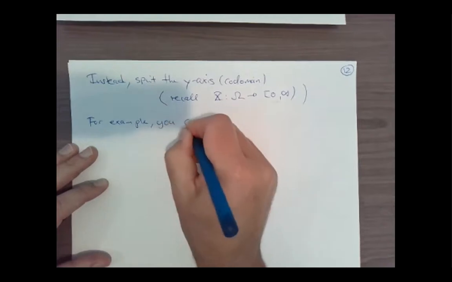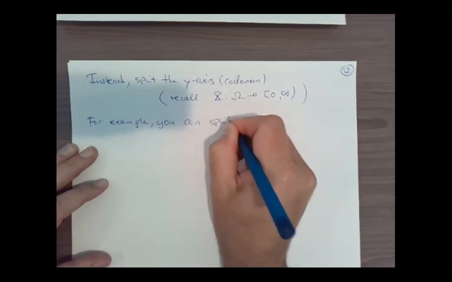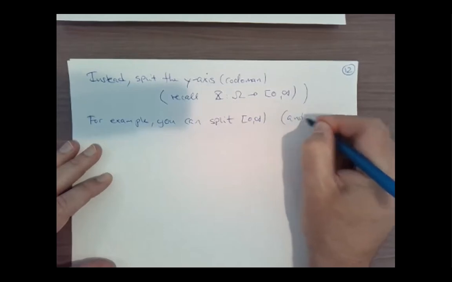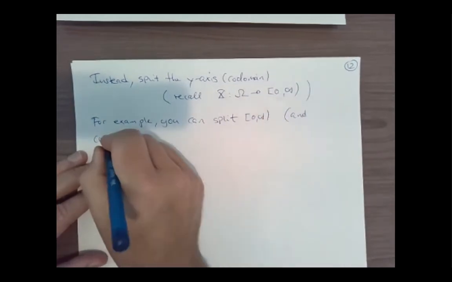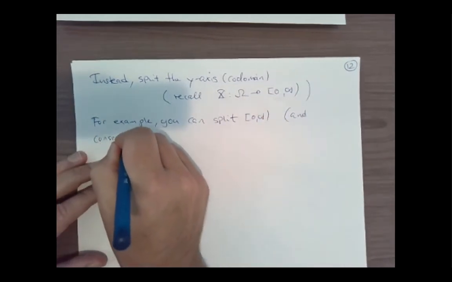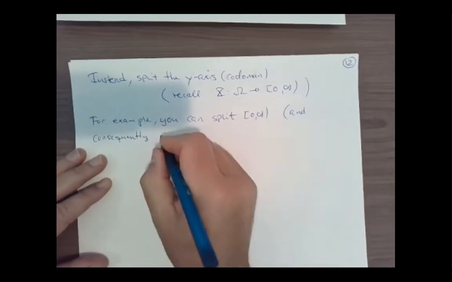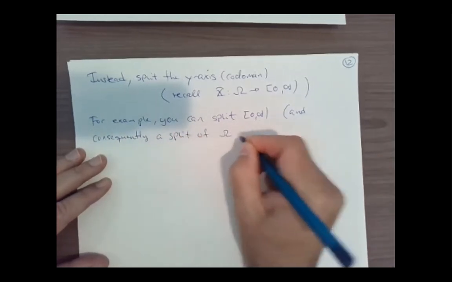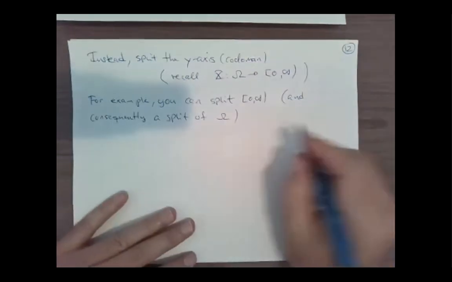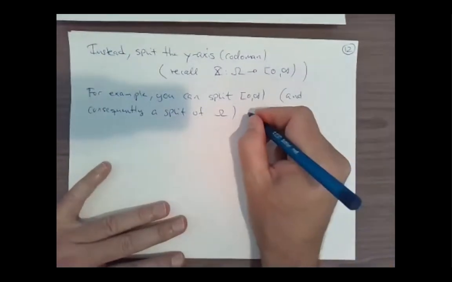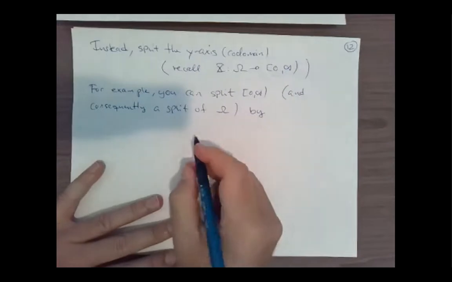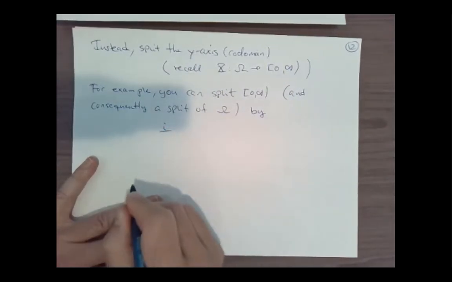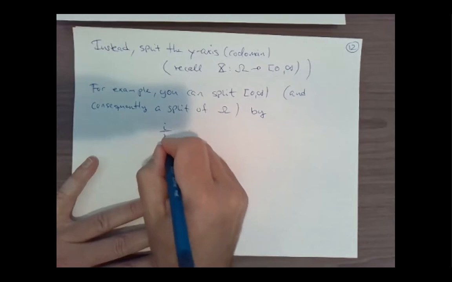You can split this interval 0 to infinity, and consequently, this is going to lead to a split of omega. For example, you can split this interval by something like i divided by 2 to the n.